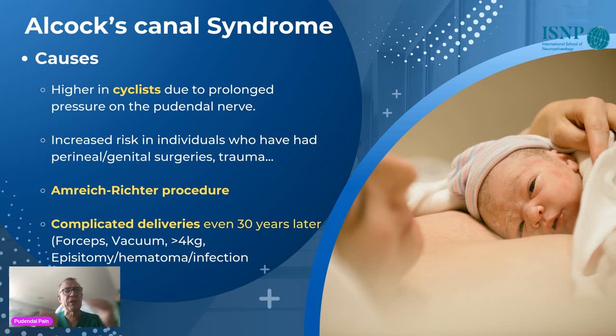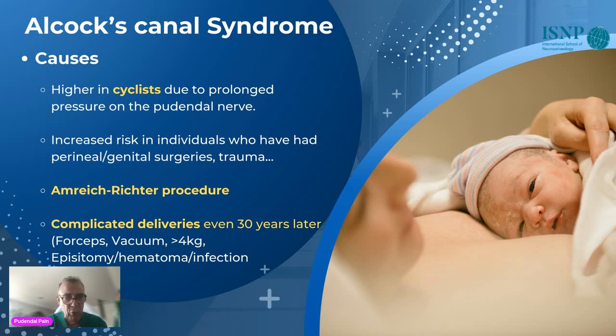For a simple reason, the estrogen levels are decreasing. That means the tissues of the whole body are losing their elasticity. And if the patient, because of the complicated vaginal delivery, develops some scar tissue around the pudendal nerve, once they become postmenopausal, this scar tissue will start to compress, to entrap, to tie the nerve.